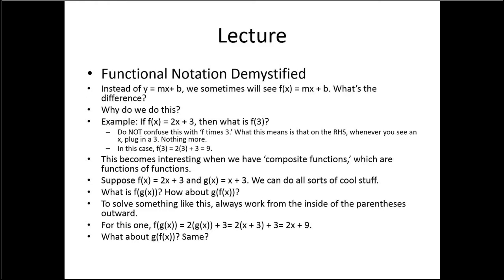So f of g of x means wherever you have an x in the f equation, you substitute in g of x. Here g of x equals x plus 3. Again, nothing but bookkeeping. If you put an x plus 3 into the equation for f of x, you get twice x plus 3, plus 3, which gives you 2x plus 9. On your own, you can confirm or deny whether g of f of x gives you the same answer. As a hint, it will not, but sometimes it will. In this case, it does not.